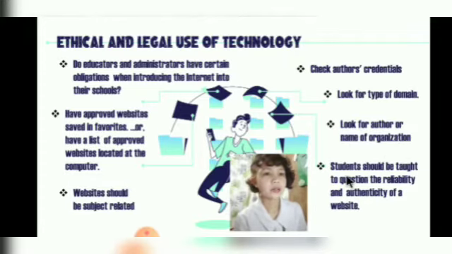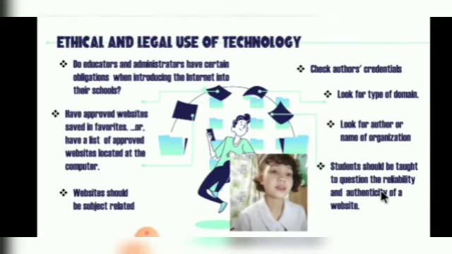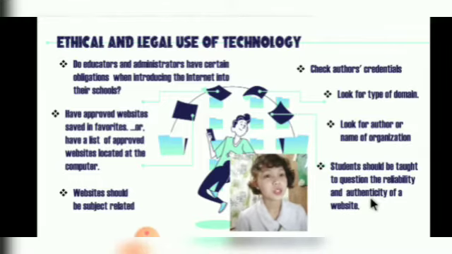Okay, now the last one is that students should be taught to question the reliability and authenticity of the website, for them to be independent, for them to be able to find the right website to use when it is only them using the internet or the gadget.